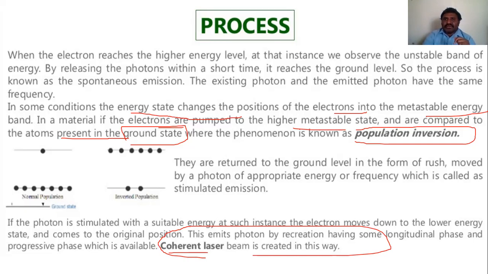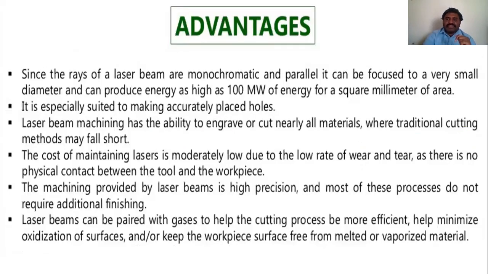Now coming to the advantages. Since the rays of laser beams are monochromatic, as we are very well aware, and parallel, they can be focused to a very small diameter.